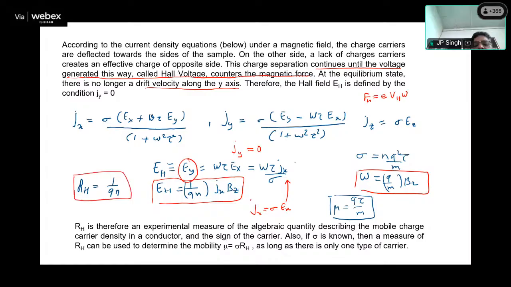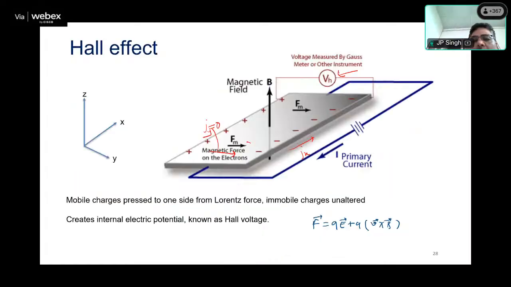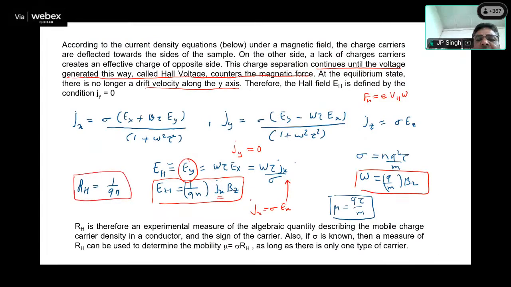These are the known quantities. Jx is the current density in the x direction, which we know because it comes from the voltage you are applying, and Bz is the applied magnetic field. So it comes out to be 1 over Qn.